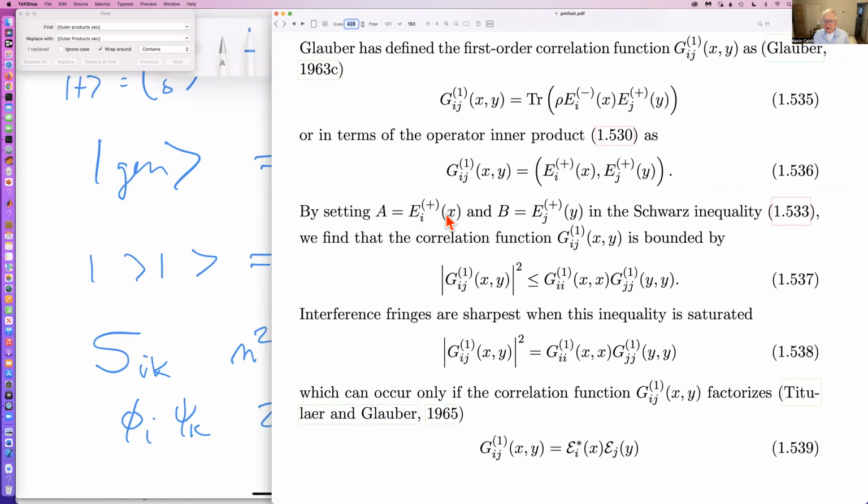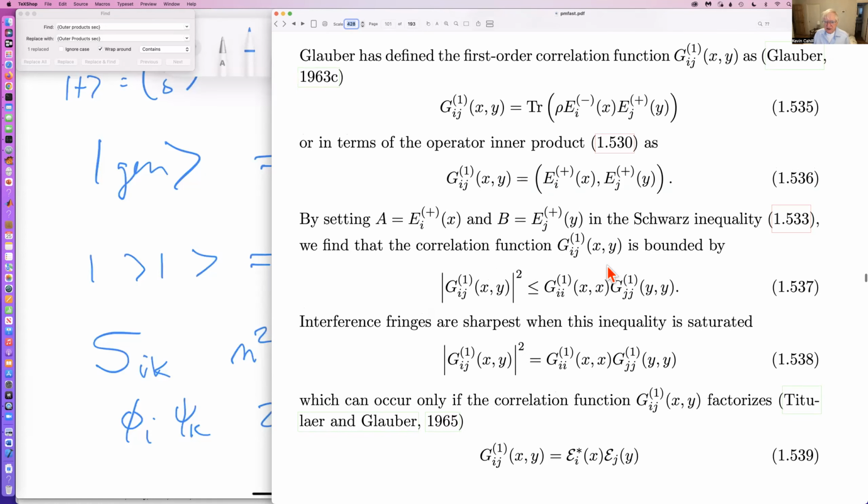So setting A equal to E plus of X and B equal to E plus of Y, with indices I and J, you find that the first order correlation function is less than the ith element at X times the jth one at Y.